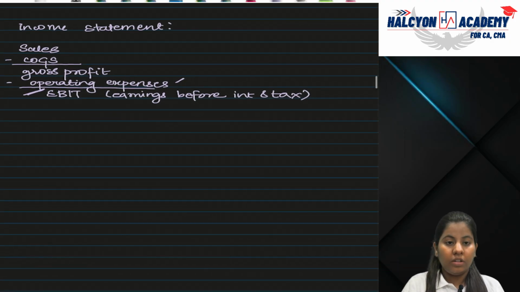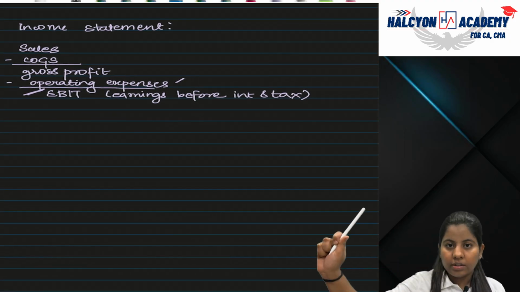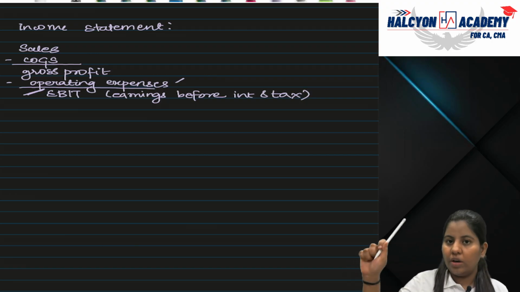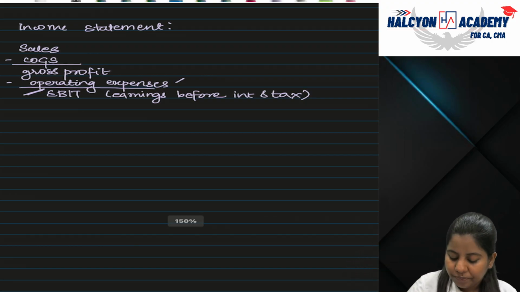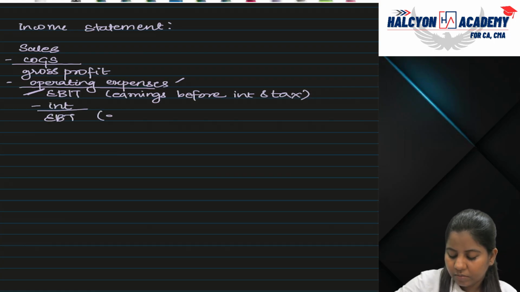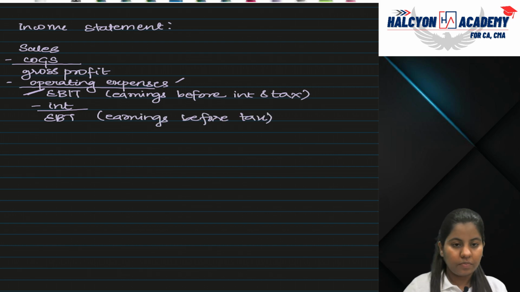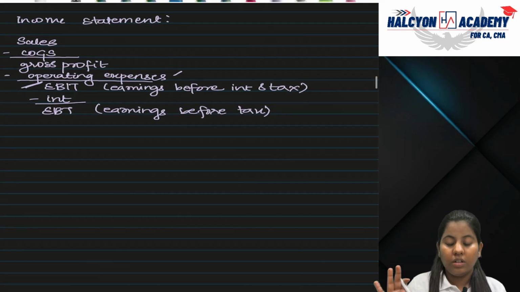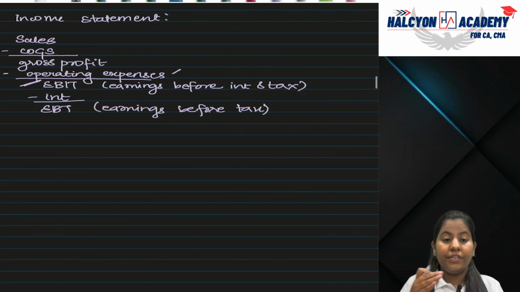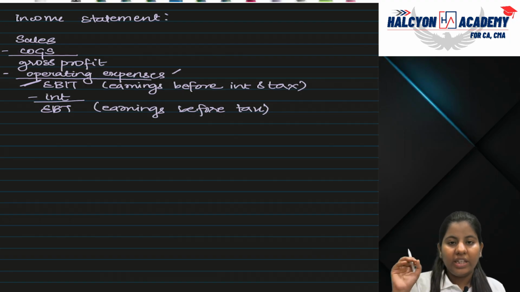From this profit, now we have to pay the debt holders and we have to pay tax, right? We have to pay interest to debt holders and we have to pay tax. Less interest, it will come EBT, earnings before tax. When we deduct interest from EBIT, it becomes EBT.